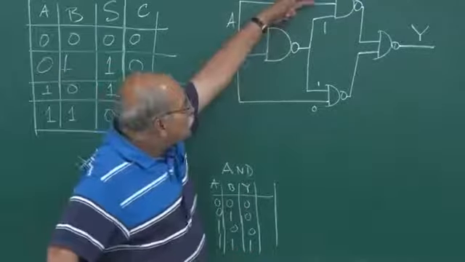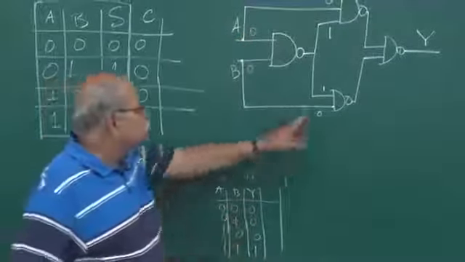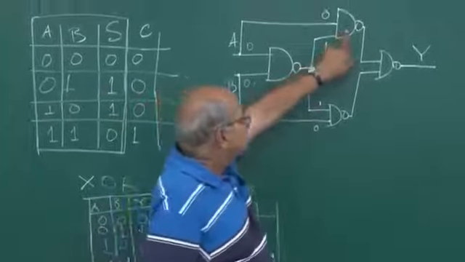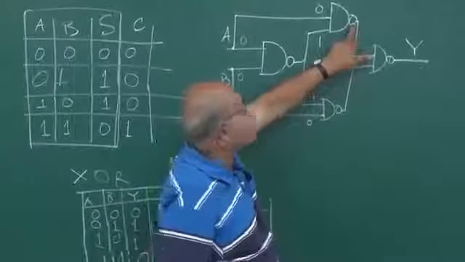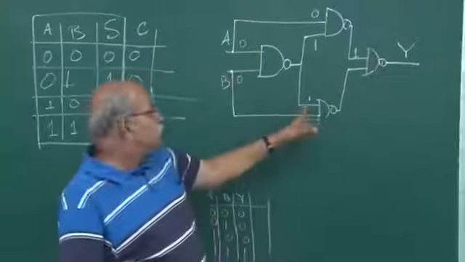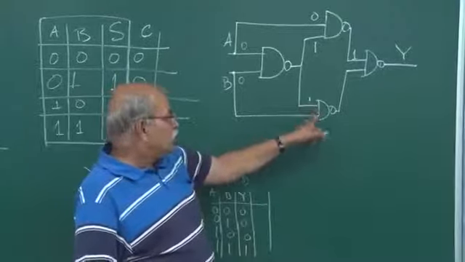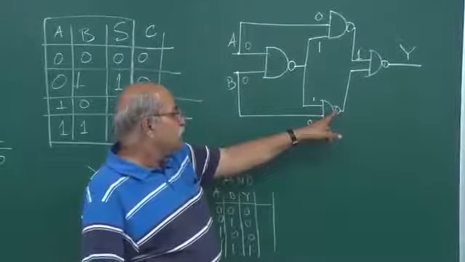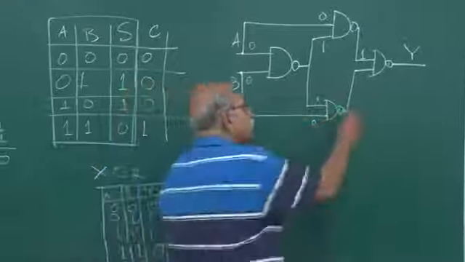So 0 and 1 is 0, so it is 0 here, and then NOT of that is 1, so we are getting 1 here. Similarly 1 and 0, that is 0, and then NOT of that means it will be 1 here, so you get 1 here.